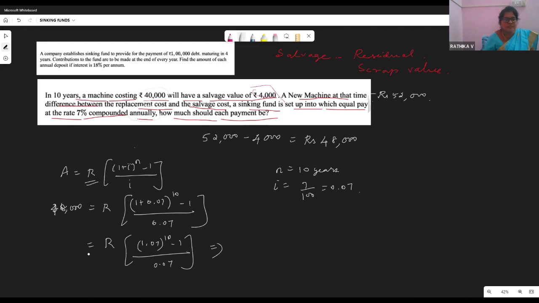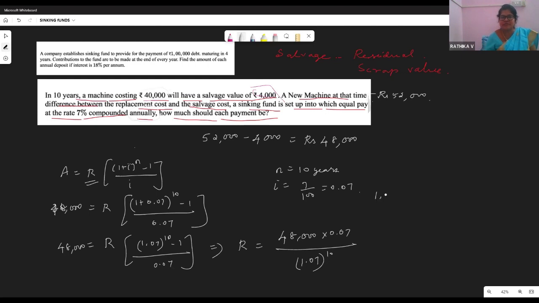Now we have to simplify. R is equal to 48,000 into 0.07 divided by (1.07)^10. For this value we have to use the FX calculator. Can anyone say the value?